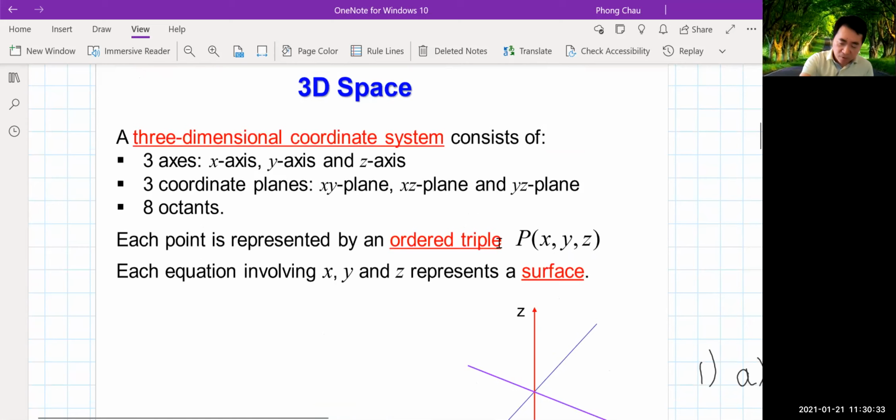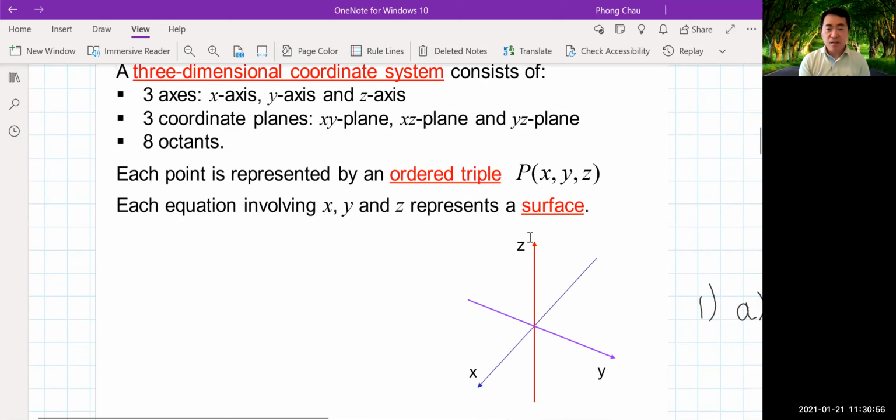Think about your tabletop. The flat surface will be our original plane, the XY plane, such that the x-axis is actually pointing toward you. The y-axis is in the direction of the original x-axis.